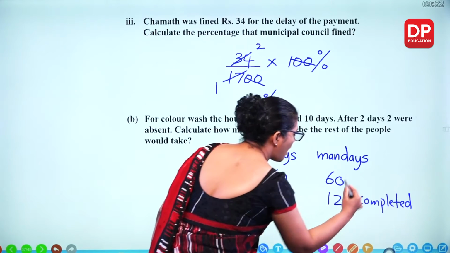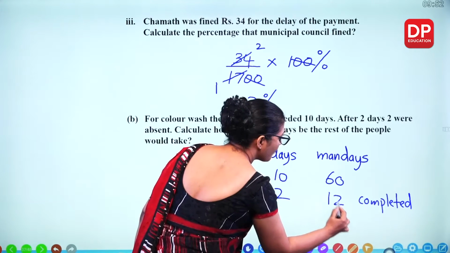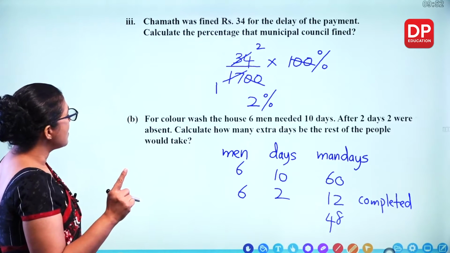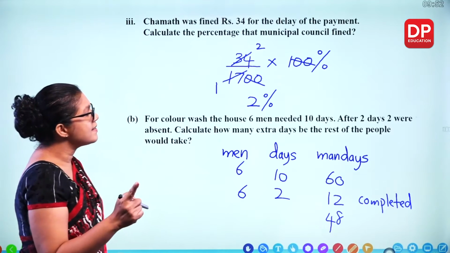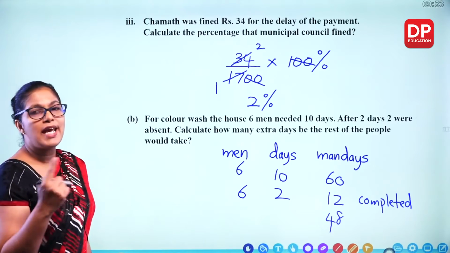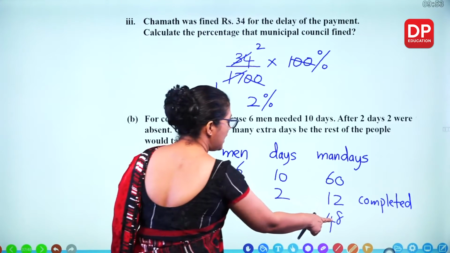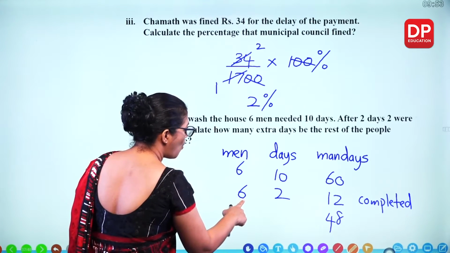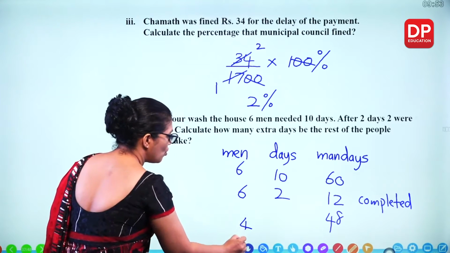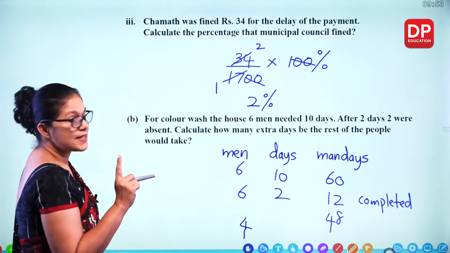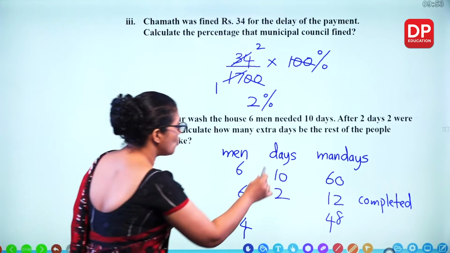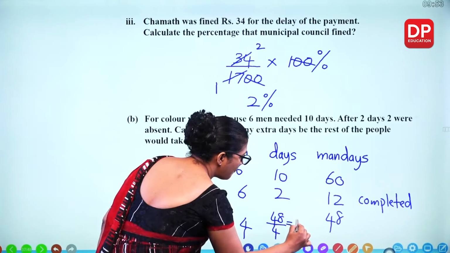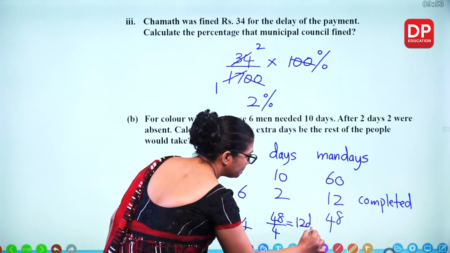So what's the remaining part? 48 remaining. Then they're asking, calculate how many extra days the rest of the people would take. So we need 48 man days, and now 4 men. 2 men got absent, so already 4. So how many days? 48 divided by 4. That means 12 days here.